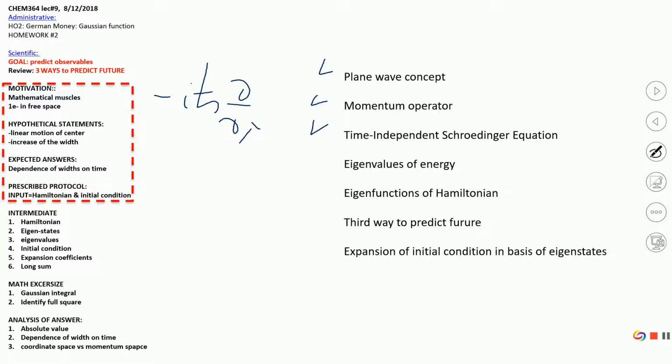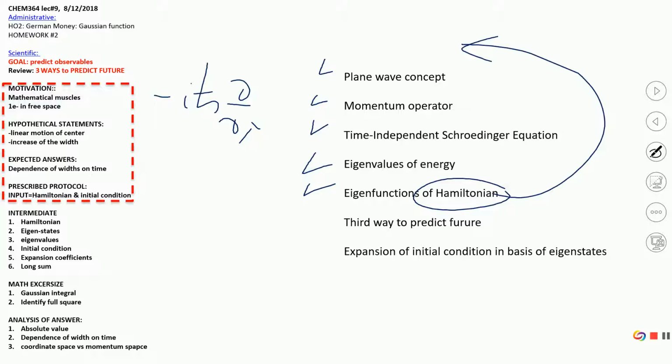The time-independent Schrödinger equation, yes. You can write it down with closed eyes in the middle of the night. Eigenvalues of energies, which come from the time-independent equation. Eigenfunctions of the Hamiltonian. We need to put the Hamiltonian here. We'll discuss it, but it will be easier.